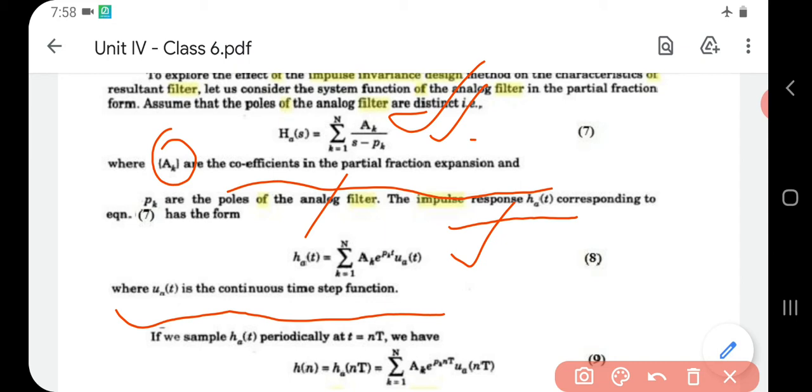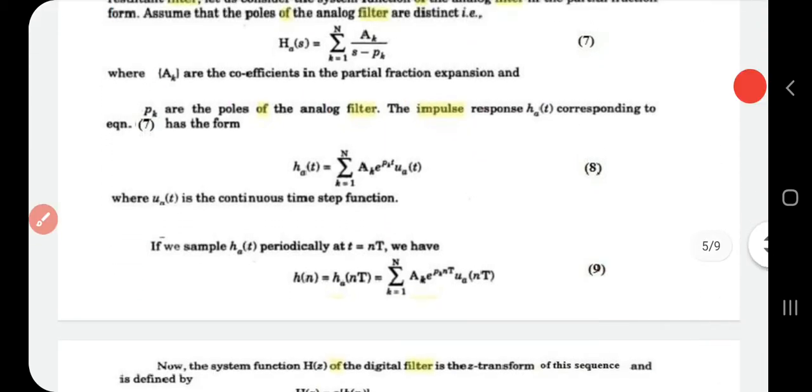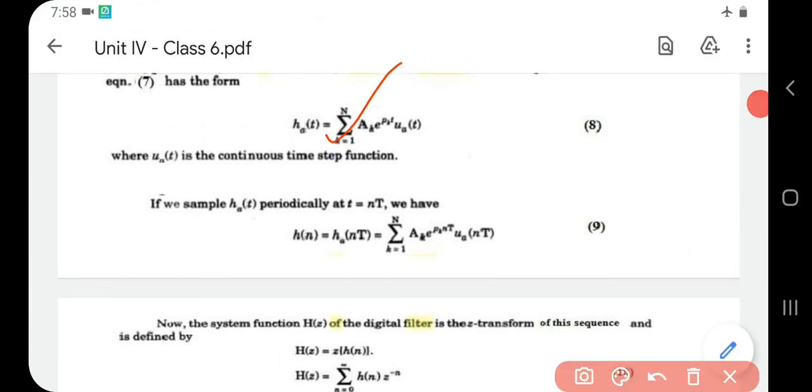Next we are sampling this h_a(t) we obtained, that is equation 8. We are going to sample this h_a(t) periodically at a time period T, that is, we are replacing t with nT. So in place of t we are writing nT.